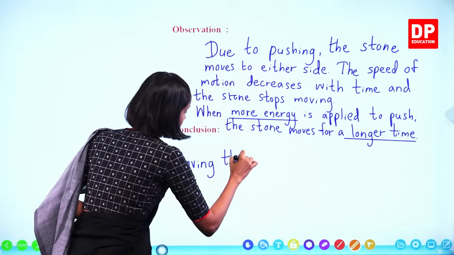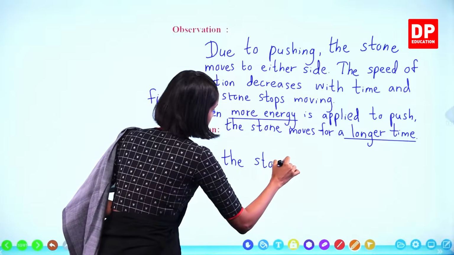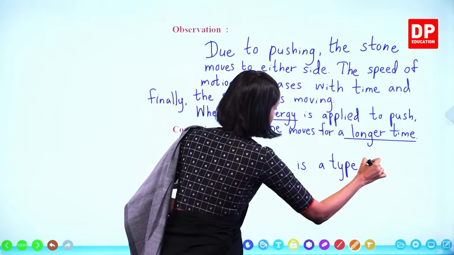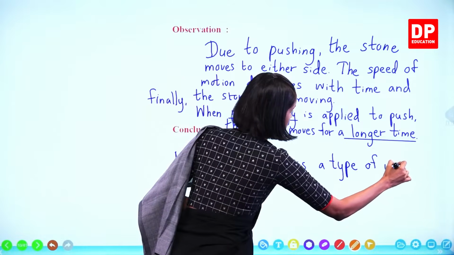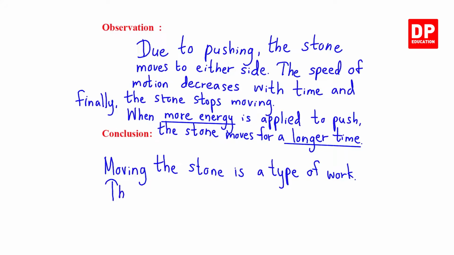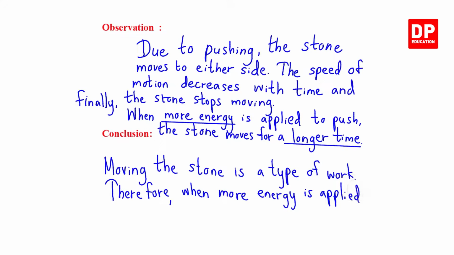Moving the stone is a type of work. Therefore, when more energy is applied, more work can be done.